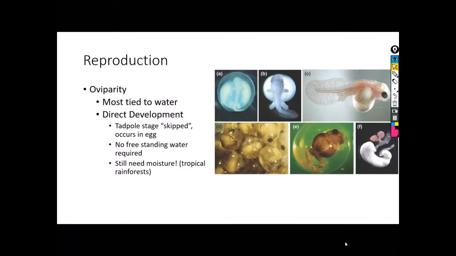So, we mentioned, however, that oviparity can look a little different depending on what kind of situation you're in. So you are tied to water to some degree, but there are tricks to dealing with it. So that first version is sort of the standard version.